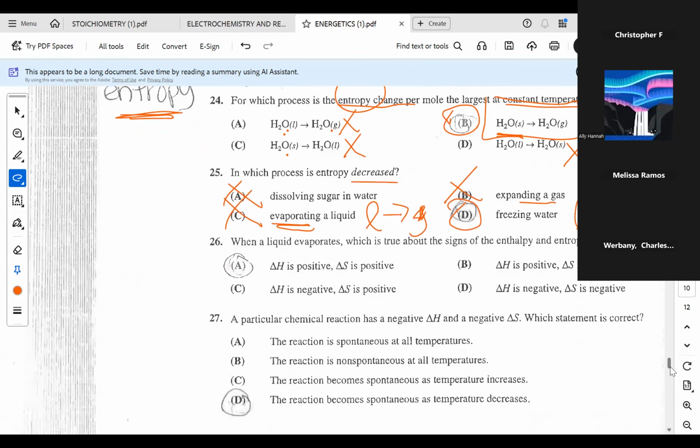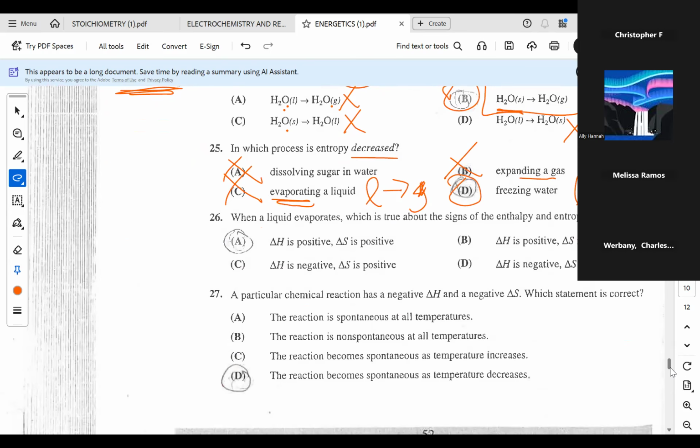Let's see, what else can I... Well, I guess we could comment on 26 since we're on this topic. When a liquid evaporates, we're going from liquid to gas, right? So this phase change here, we know that there's going to be an enthalpy change, right? There's going to be an increase in heat overall.